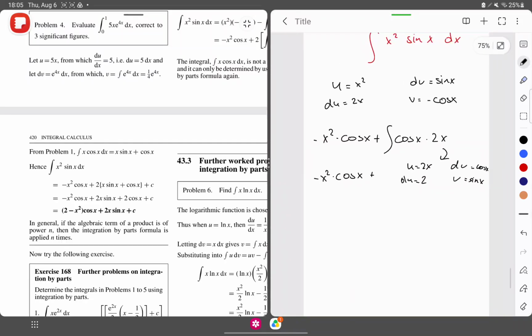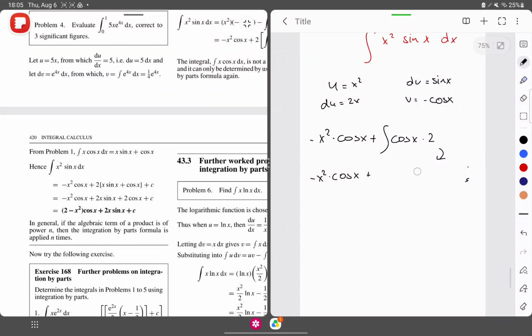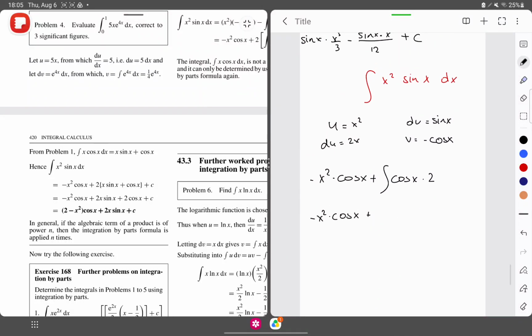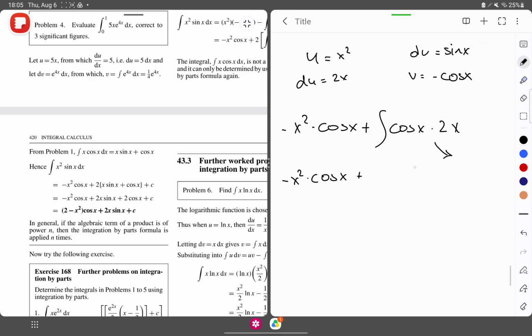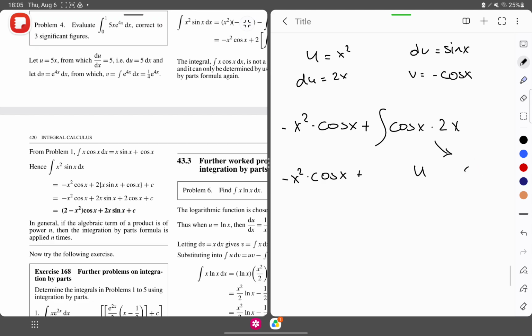With that, I think it's correct, but let me ask this to my teacher again. Negative cosine x, okay. And again, you use u, yes, u dv and du v.